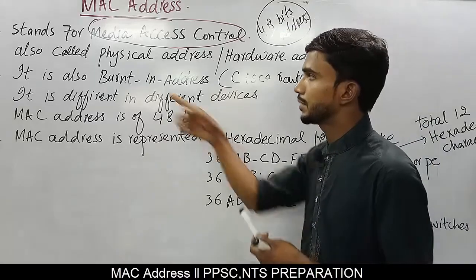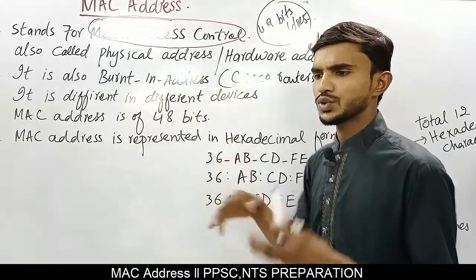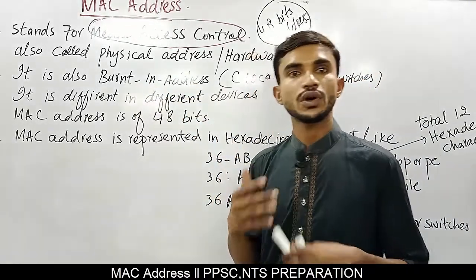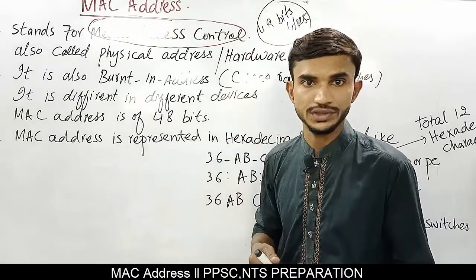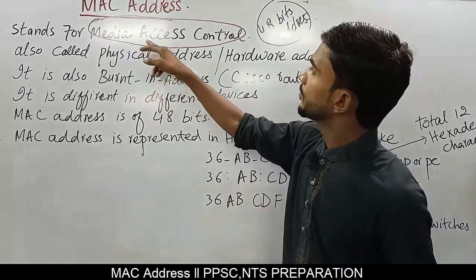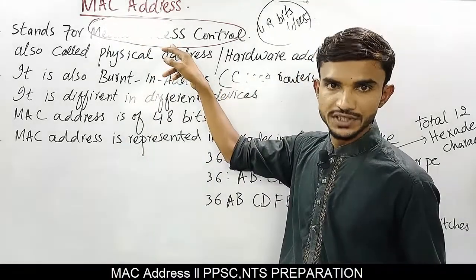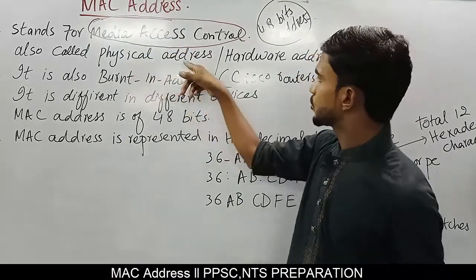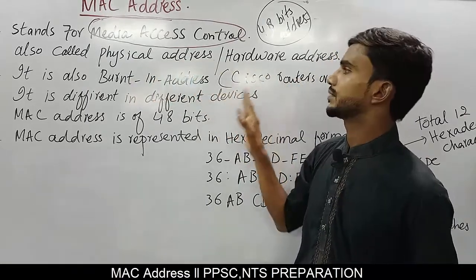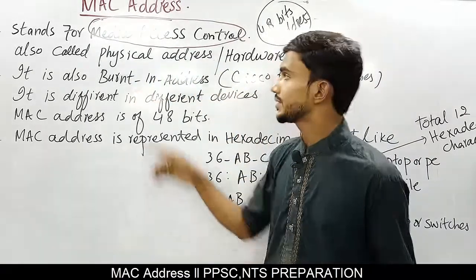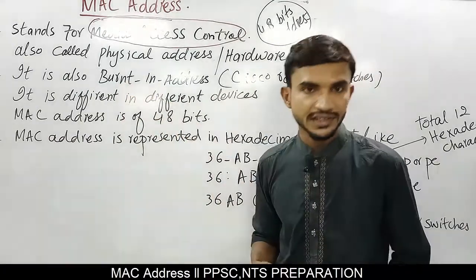It depends on which device you are using. In a mobile phone it is called media access control, in a laptop or PC it is called the physical address or hardware address, but in Cisco routers or switches it is called the burnt-in address.